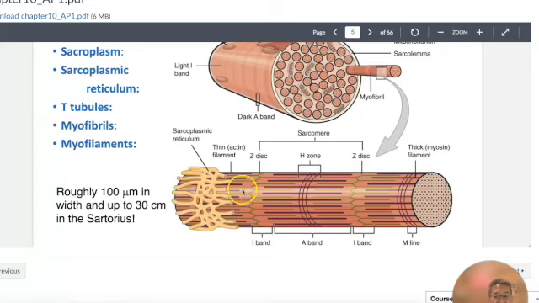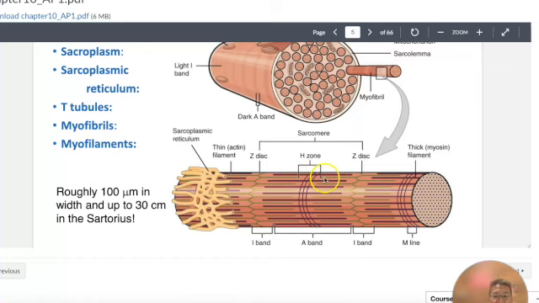So where there is a clearer section, where there's only actin, it's called the I band. Where there's only myosin, it's called the A band. And in the middle is the H zone, where these will shorten and contract.